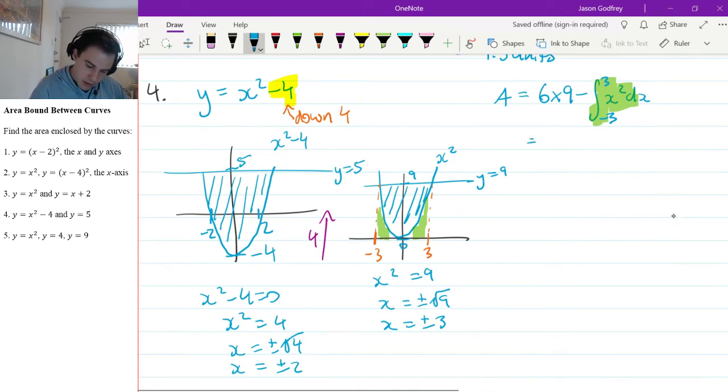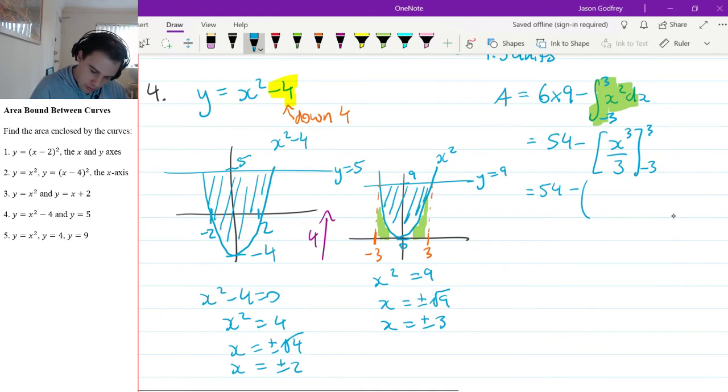So 6 by 9 is 54, minus the integral of x squared, which is x cubed on 3, from negative 3 to 3. Because we're subtracting, I'm going to put it in brackets before we plug these numbers in.